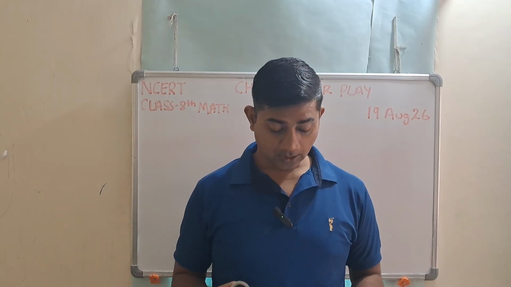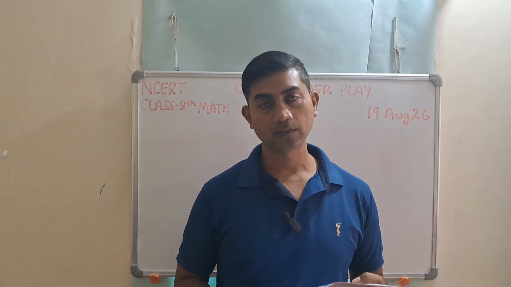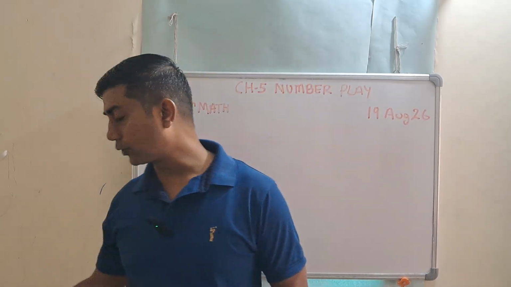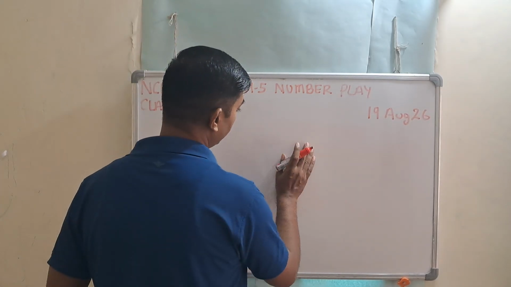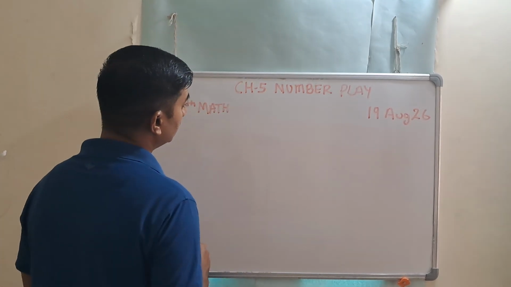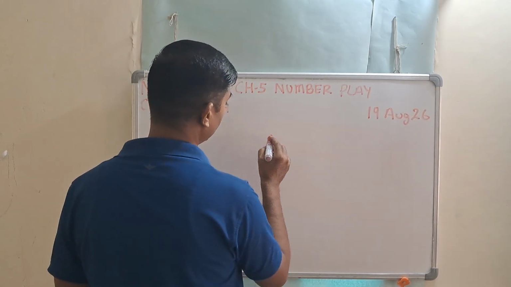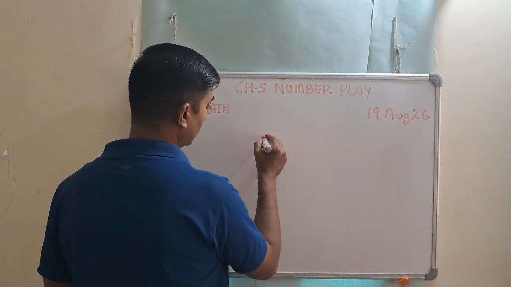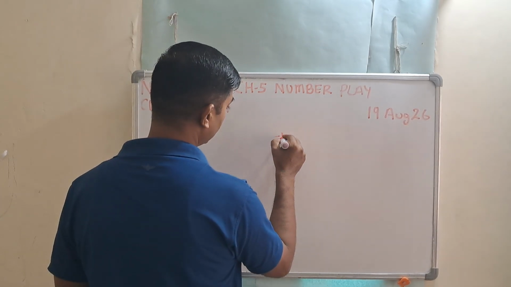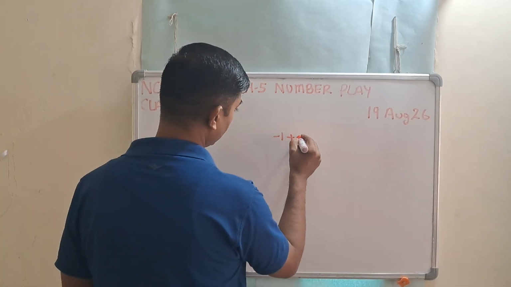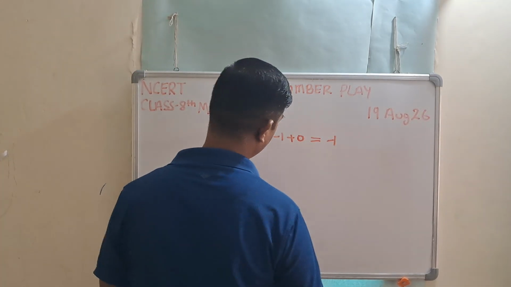Now, they are saying, can we represent 0 as a sum of consecutive numbers? Of course, 0 can. How can we say that 0 is a sum of consecutive numbers? Now see, if we take -1 plus 0, you get the result -1.